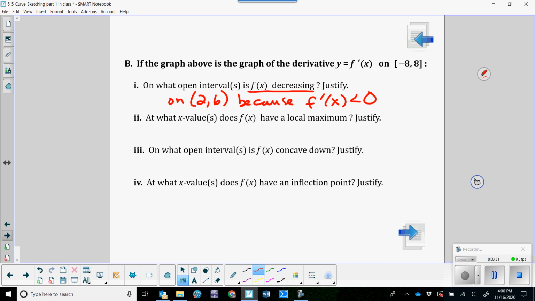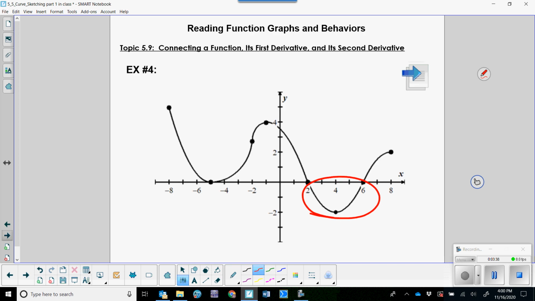At what values does f of x have a local maximum? Again, this graph that we're looking at is the derivative. You're going to have a maximum if the derivative changes from positive to negative. Right here you have positive, and then it changes to negative, which means that this point must be a local maximum.